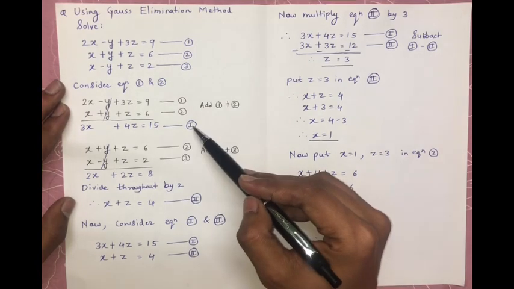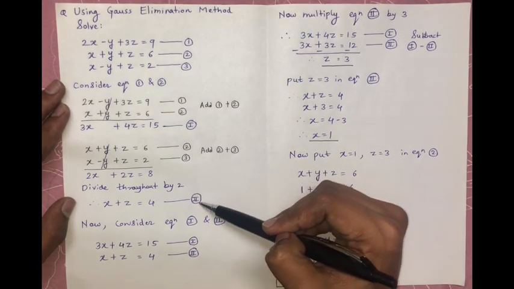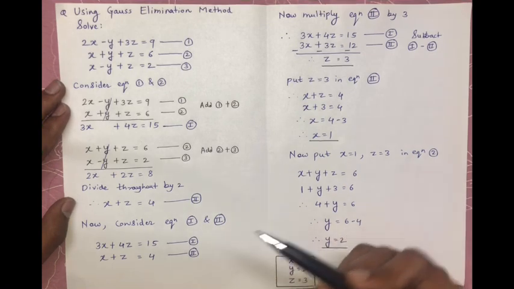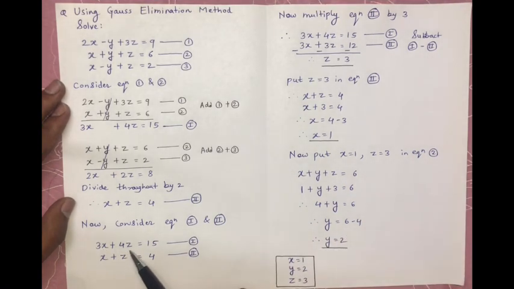So this is my Roman 2. Now I will be taking Roman 1 and Roman 2 and solving the next part of the equation. So 3x plus 4z is equal to 15. This is my Roman 1 equation. And x plus z is equal to 4. This is my second Roman equation. So I have to eliminate the term x.